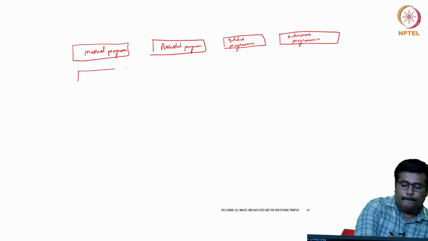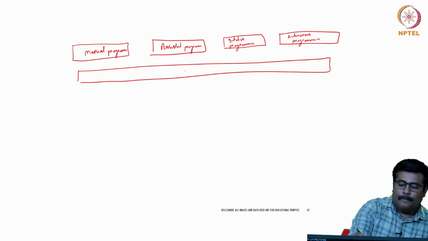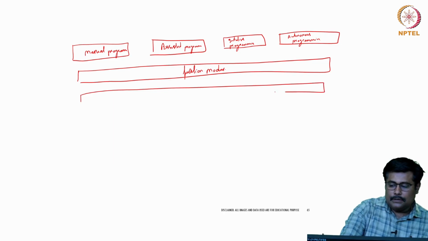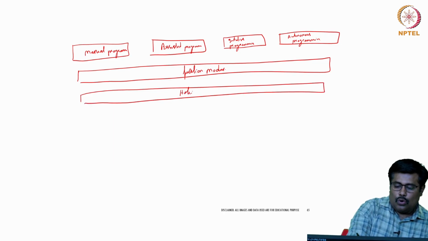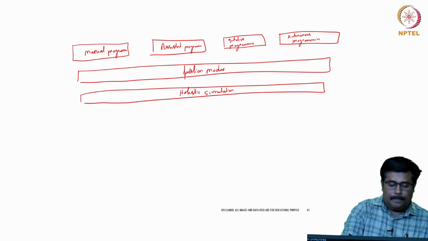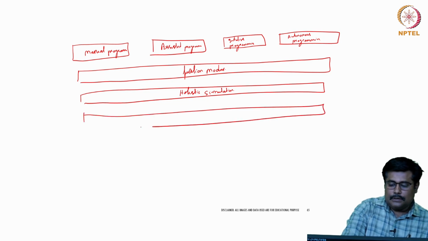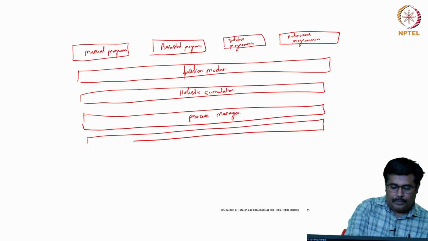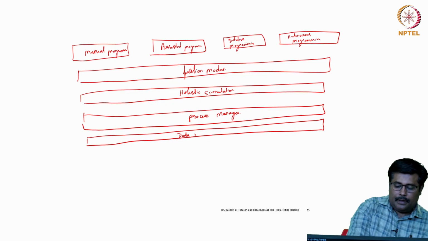One is called the function module, and the other one is called the holistic simulation, the third one is called the process manager, and the fourth one is the data management.